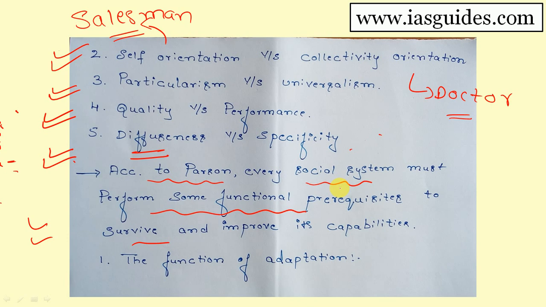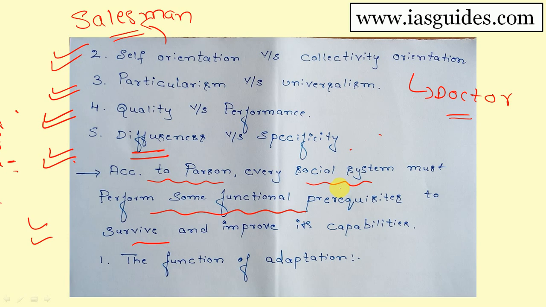The first is that any social system like society should have the function of adaptation. The function of adaptation is nothing but to produce and allocate resources among the members of the society.